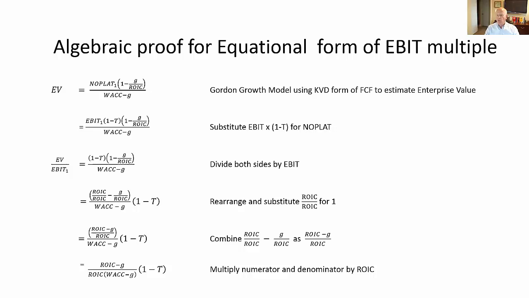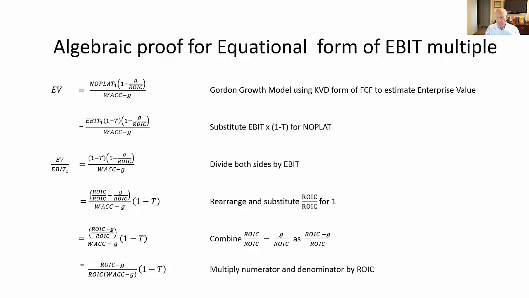In this case, we take the next step by breaking NOPLAT down into its component parts of EBIT times 1 minus T. So we substitute that for NOPLAT. And then we go ahead and divide both sides by EBIT, which leaves us with the EBIT multiple on the left-hand side and its algebraic form on the right-hand side. And you can go ahead and stop right there, and you would find that that is an accurate equation for the EBIT multiple.